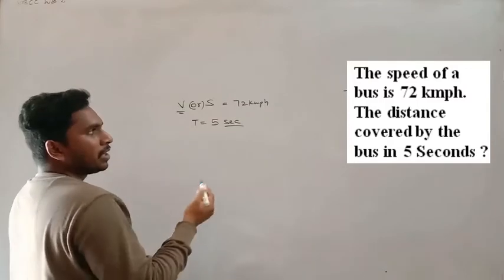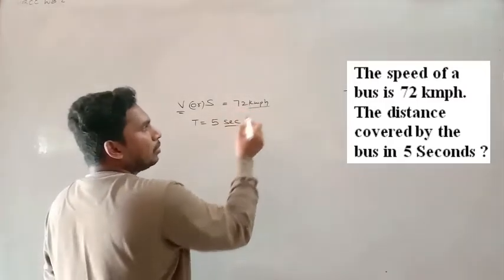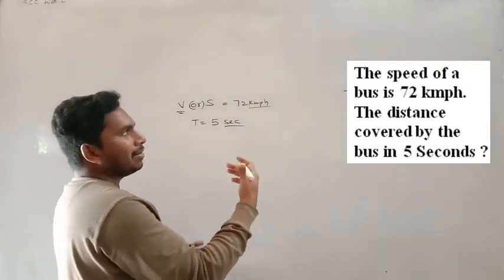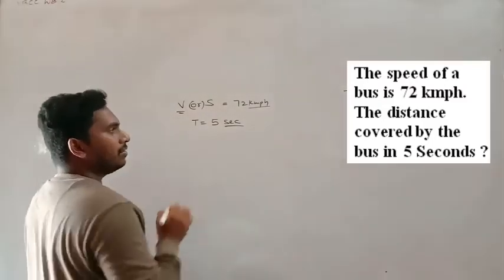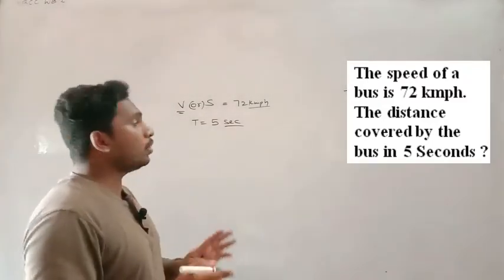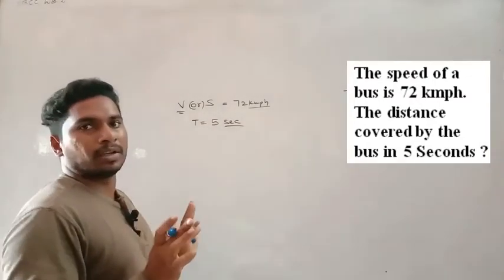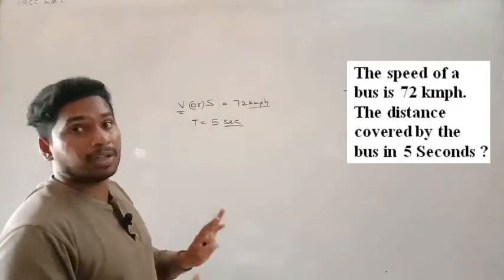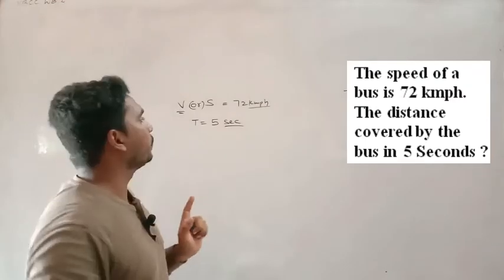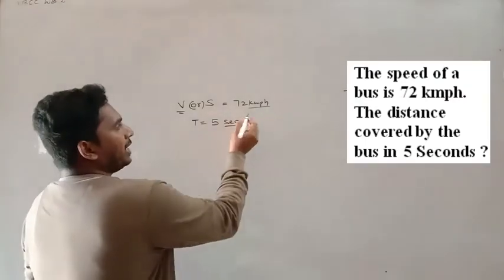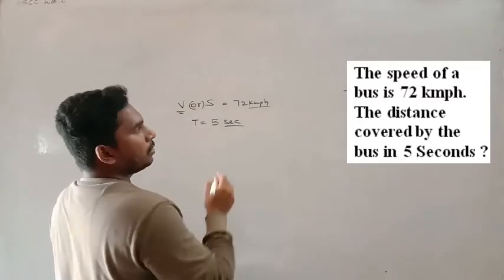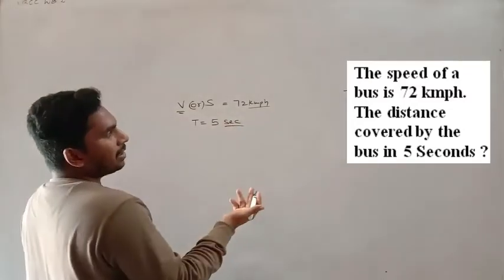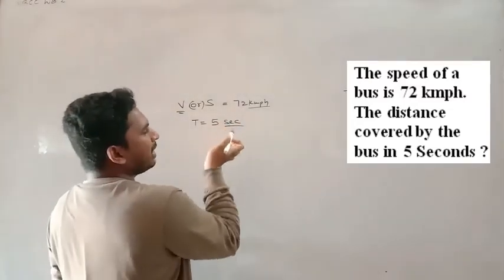In km/h, the hours correspond to the time, but here the time is given in seconds. So you have to use the conversions. There is no other way to solve this, you have to convert it. It is given in km/h, so you can convert that into meter per second.